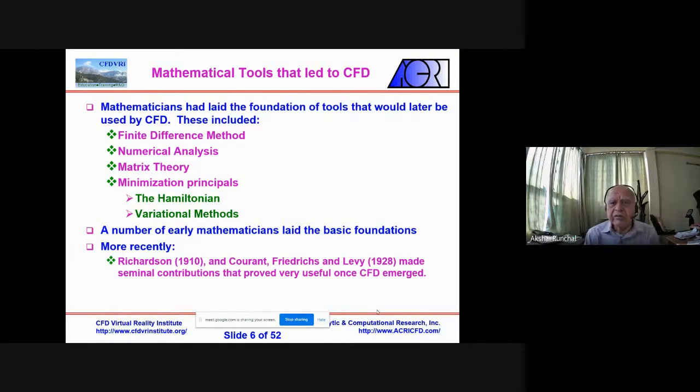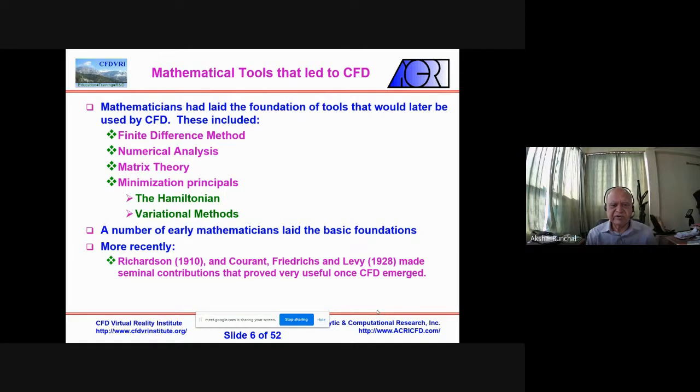Before we could have computational fluid dynamics, the mathematicians had already laid the foundations of tools that would be very useful. That always happens in science. A new development or a new invention or a new technique comes, and usually, as Newton said, you stand on the shoulders of giants and see further out. So the finite difference method had already been invented by the mathematicians.